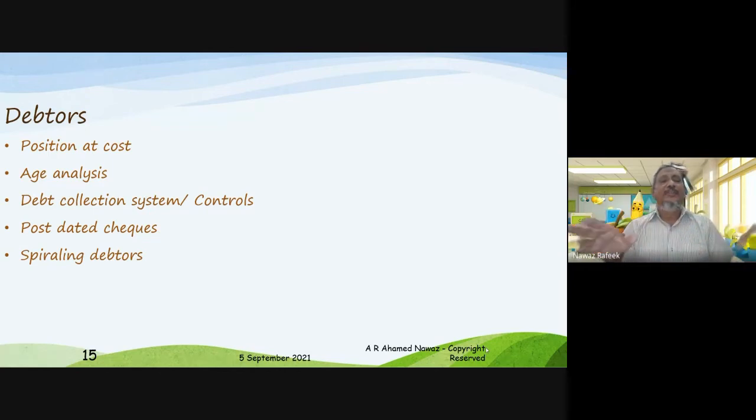The bad debts you have to make a straight away write off value. Doubtful debt, you have to make a provision accordingly, not the 10% or 5%. Then when you adjust this, it shows a true picture of the debtors, true picture of the current assets. Okay. Next, the debt collection system and the controlling system.